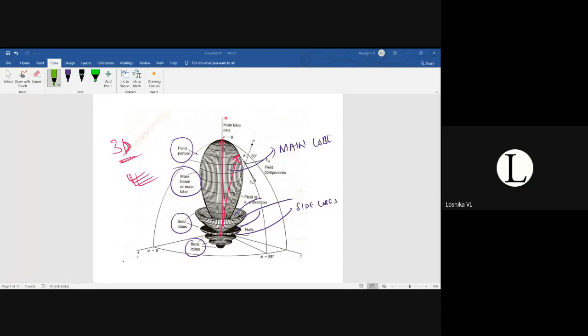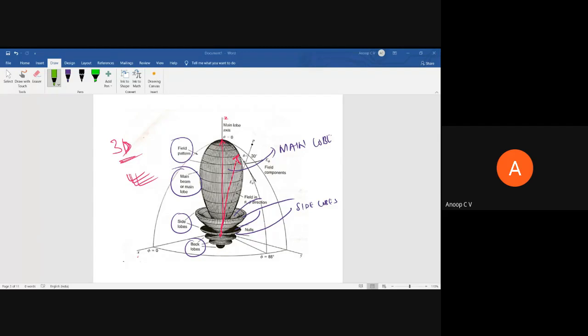Taking angles and also. So how will you measure or obtain the radiation pattern? You have to keep the antenna at the origin, and on a sphere, at each and every point, you should measure the power or field intensity. And you have to graphically represent it like what we have shown here.